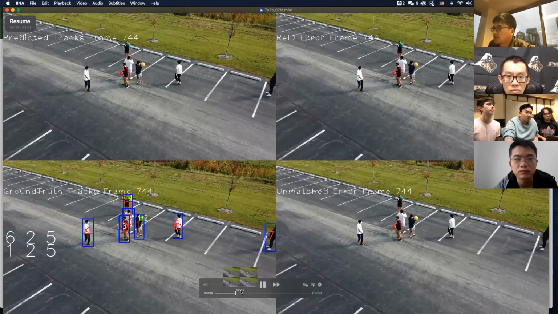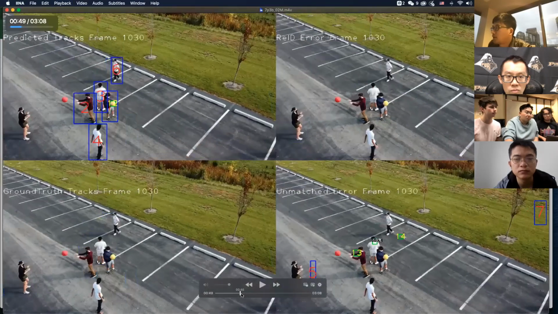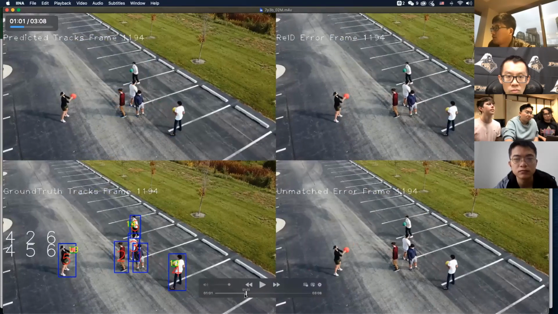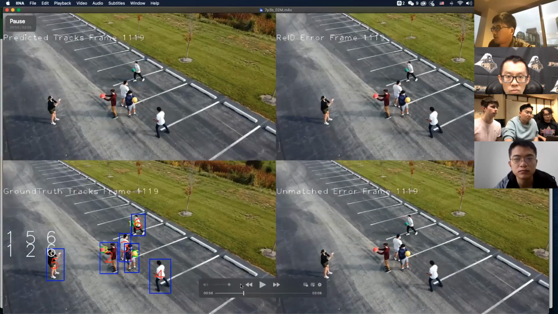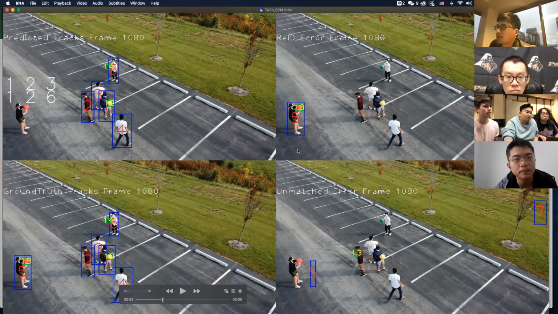So we can see at what frame, what kind of error happens. For example, in this one, we found that person track 5 is completely lost together with the red ball 13. And we found it's because the detection bounding box is wrong.